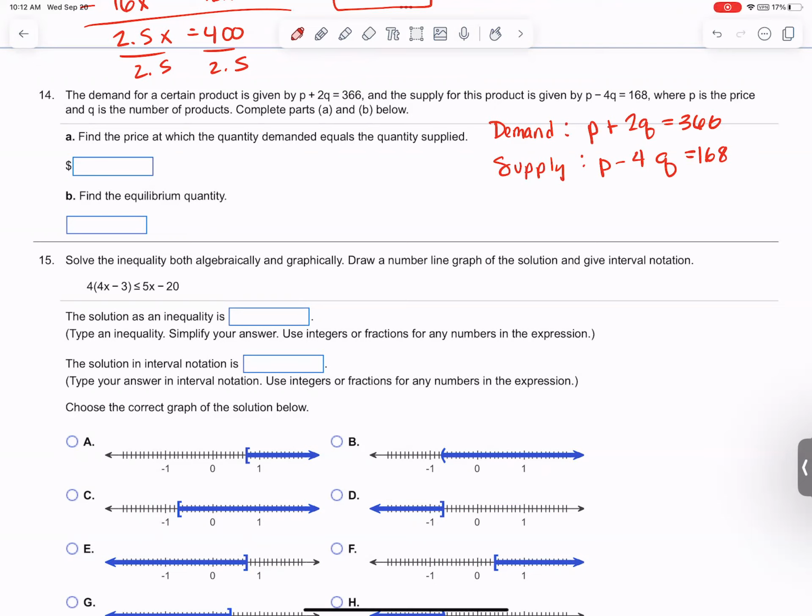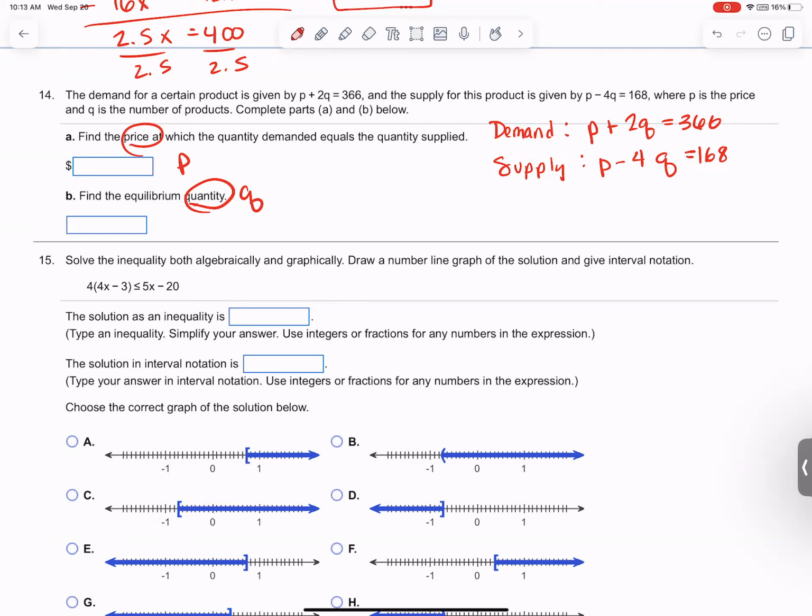So you want to find the P where these two things are the same, and then you want to find the Q where these two things are the same. So price is P, quantity is Q. Isn't that nice they use P and Q? So we want to find the solution to this system of equations.